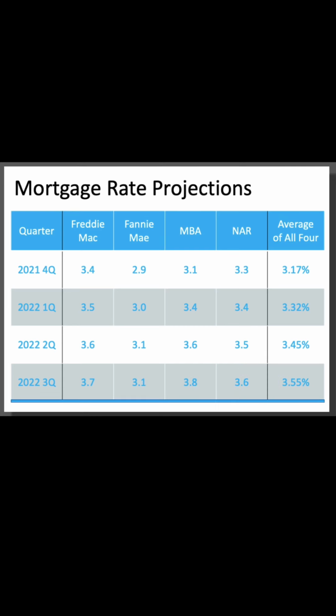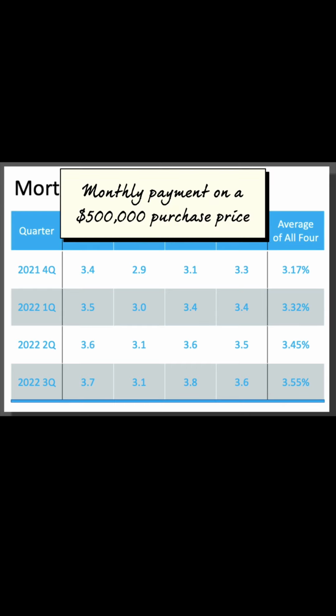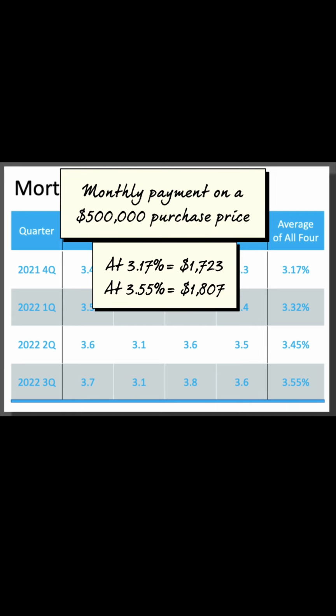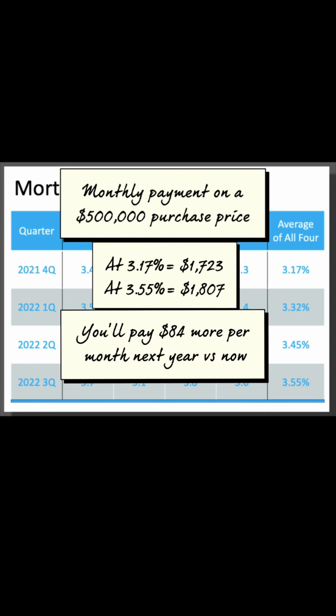If you buy a $500,000 house with 20% down at today's rate of 3.17 versus a $500,000 house with 20% down at the predicted 3.55 interest rate, your monthly payment will be approximately $84 a month higher this time, quarter 3 of 2022, than it would be if you bought a house right now at the same exact price.